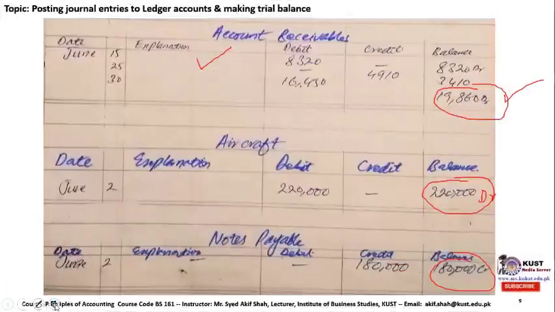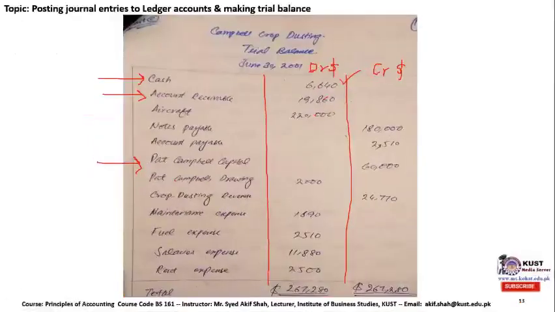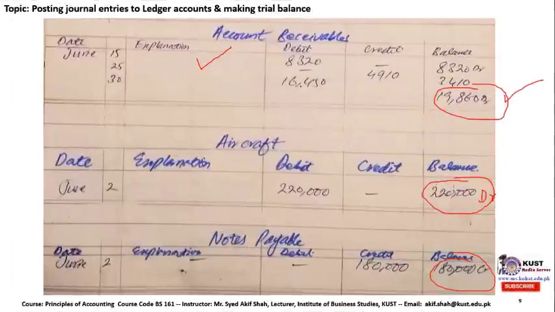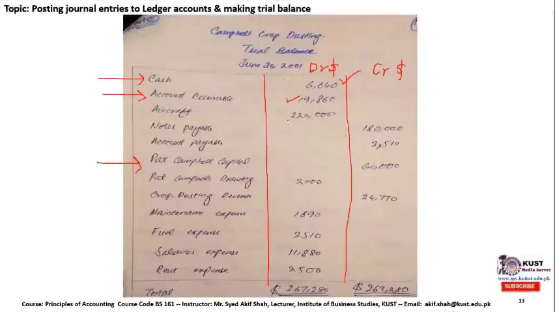Let's pick up this value from here and insert it in the debit column under the trial balance for accounts receivable. Done. Let's go back to the previous slide for aircraft. $220,000 is the aircraft final balance. Pick up this value and insert it over here in the debit column.